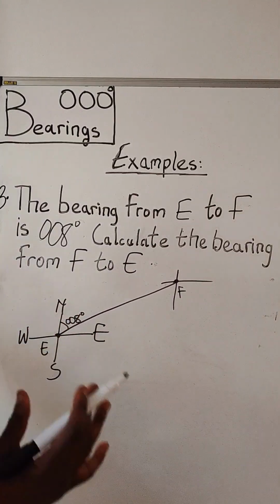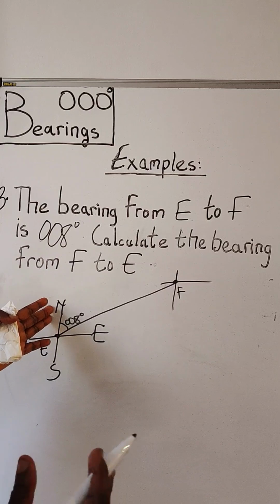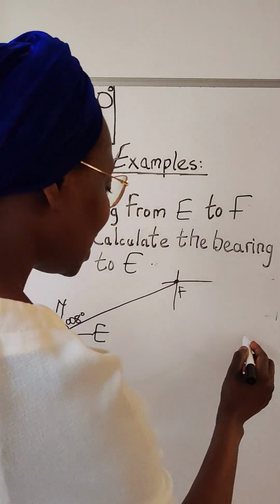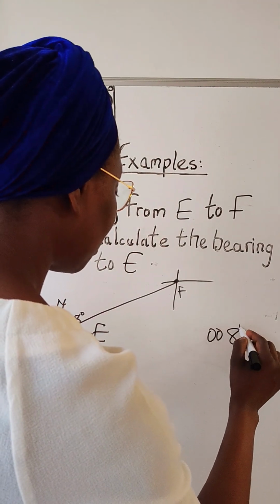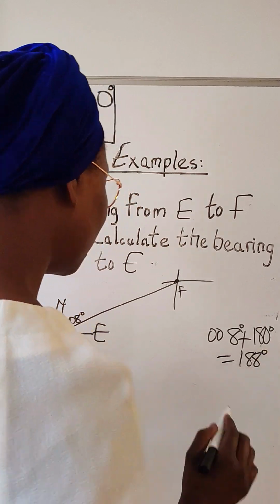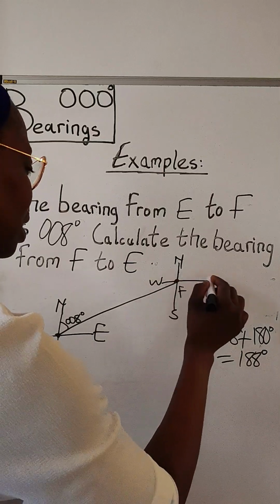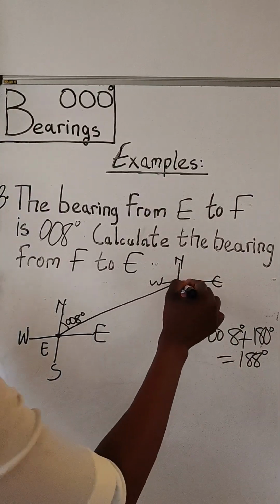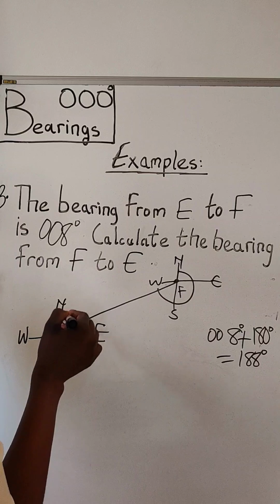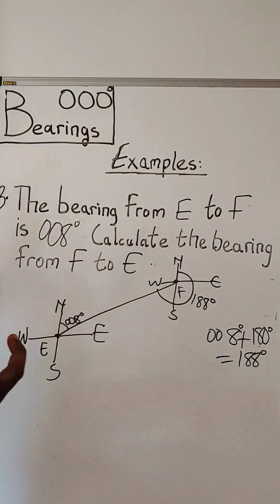So going by opposite bearing, when what we got is less than 180 degrees, what we do in order to get the opposite bearing will be to add 8 degrees plus 180 degrees, and the result is 188 degrees for the opposite bearing, which implies that the bearing from F to E, which is the opposite of the bearing from E to F, will be 188 degrees by opposite bearing.